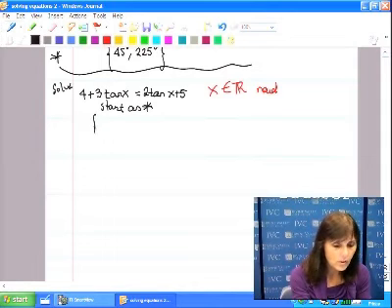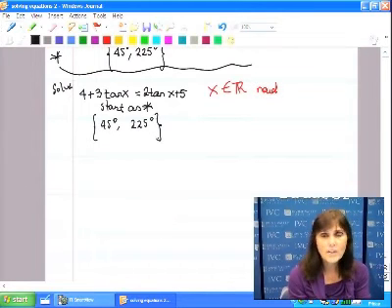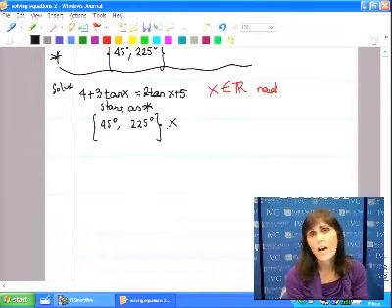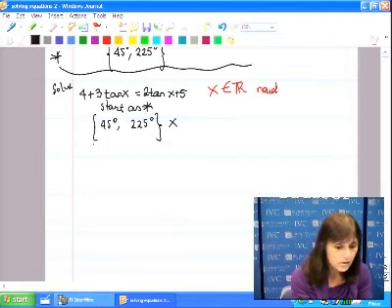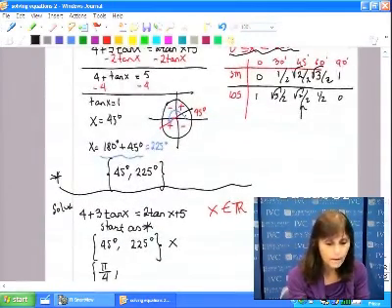What was your answer? 45 degrees and 225 degrees. Okay, what is it now? I cannot give this in degrees because they are saying R. So the answer is going to be pi over 4. And what was the other one? It was 1, 2, 3, 4, 5 pi over 4.